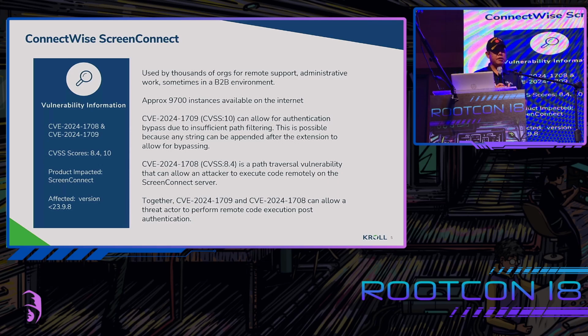Because of this, it would be possible for any string to be appended after the extension in the URLs that you use, allowing for bypassing authentication. Combining these two vulnerabilities, one can bypass authentication and use a zip slip style vulnerability to upload and execute code.